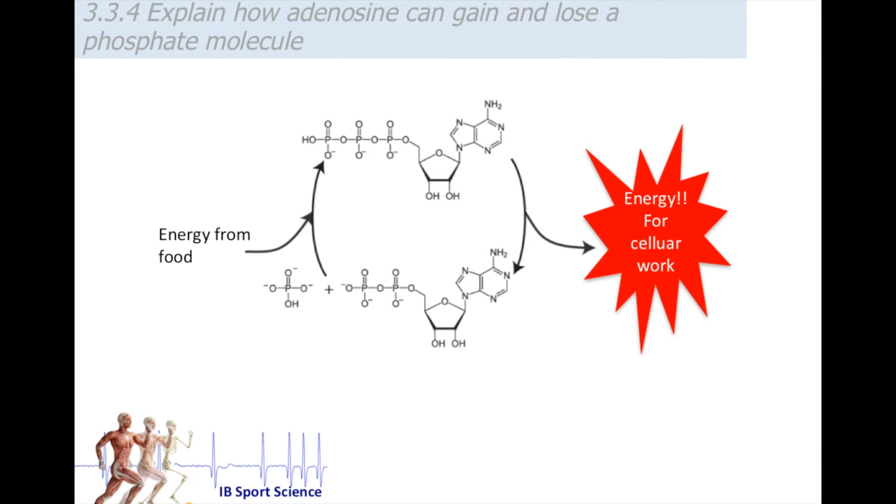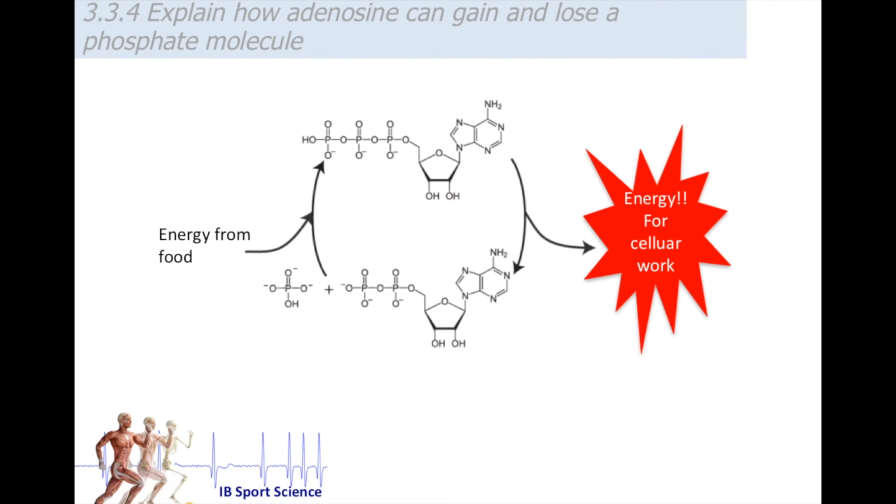So you need to think of this sort of like an iPhone. An iPhone battery contains a certain amount of charge. At certain points it needs to be recharged, and there are lots of different ways we can recharge that iPhone battery. We could plug it into the mains, we could plug it into a laptop, we could put it into a battery case. And all of these different methods will take energy from a particular source and put it into the iPhone battery.